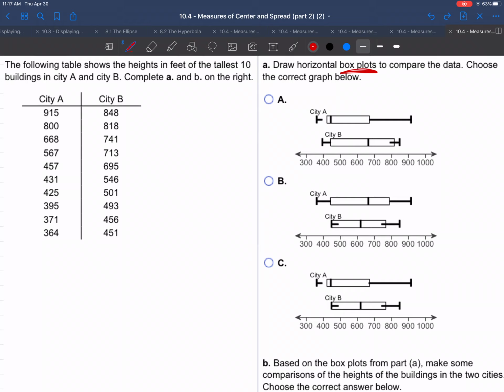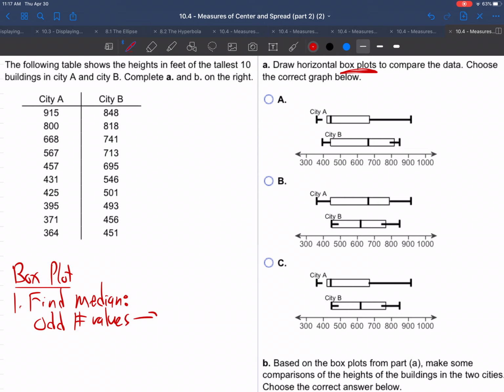So to make a box plot happen, remember what you do: you find the median first off for a data set. Remember, when you find a median, if you have an odd number of values, you'll have one number in the middle.